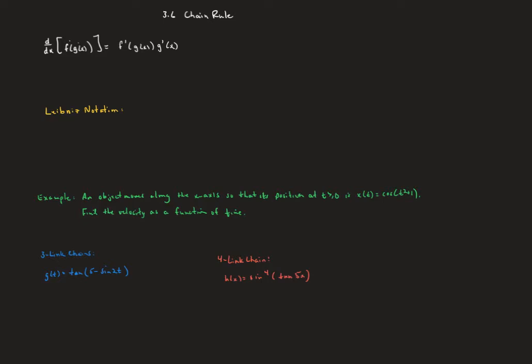So in an attempt to understand ways, if we talk about Leibniz notation, in Leibniz notation, we think of calling that inside function g of x just u. And so then our f of g of x becomes, and don't get your feelings hurt here, f of u.